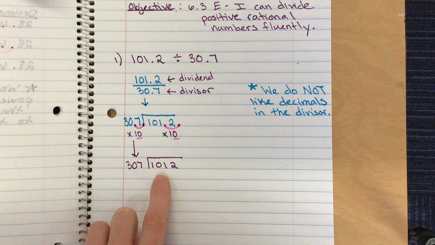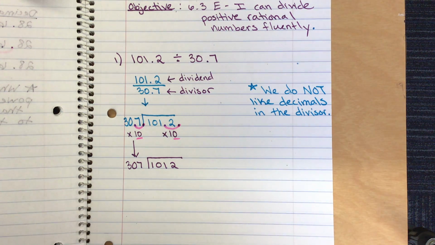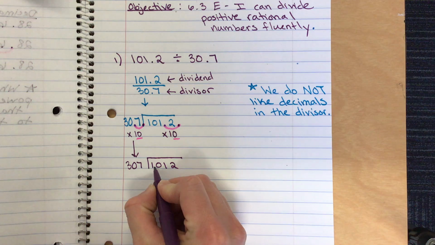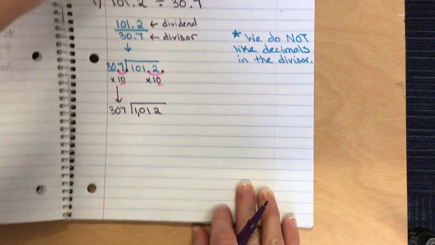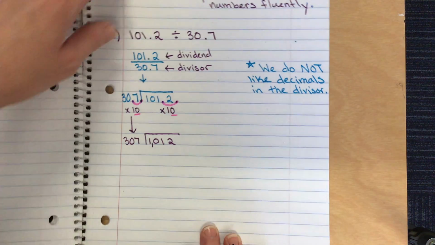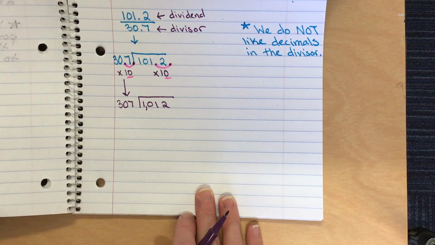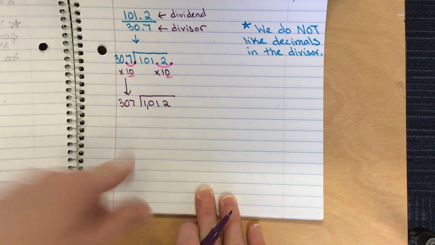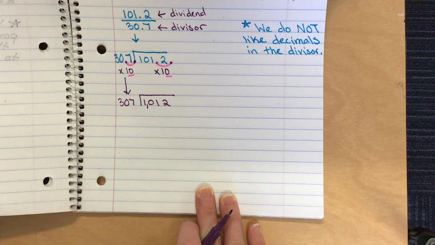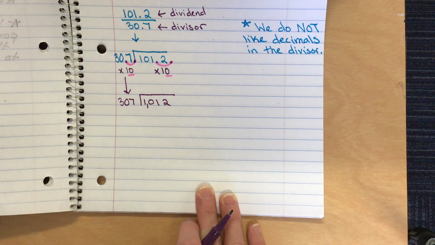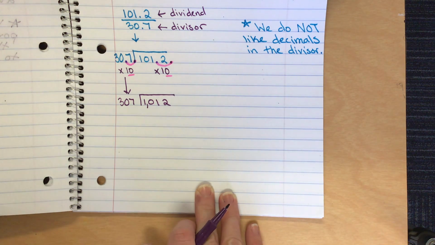And our dividend becomes 1,012. So now I have 1,012 divided by 307. Okay, and then it's just, did I get rid of my decimal? Yes, I did. We got rid of our decimal in our divisor, so now we can do our regular division.